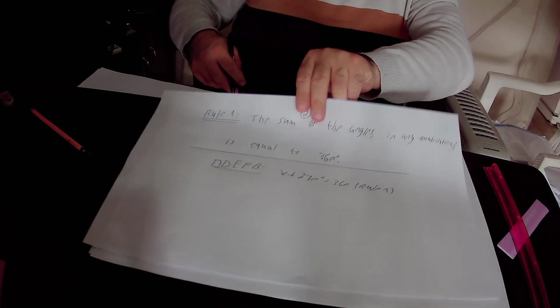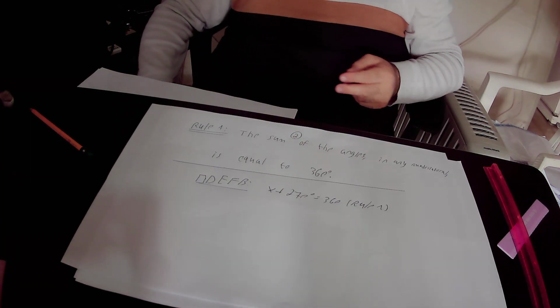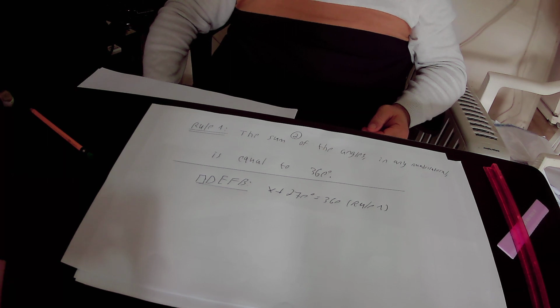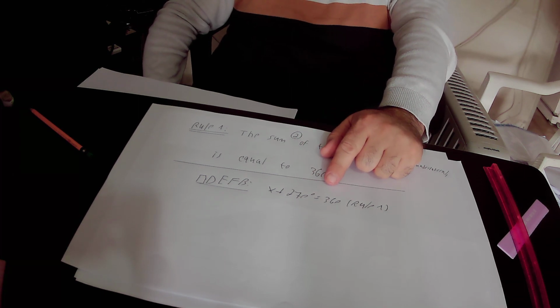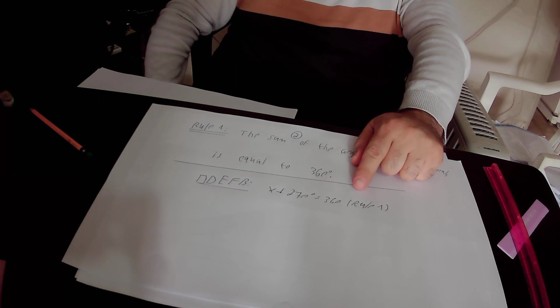I repeat again. In quadrilateral DEFB, the sum of its angles must be equal to 360 degrees according to rule number 1. That is to say, the size of angle X plus the sum of the three other angles, 270 degrees, must be equal to 360 degrees.